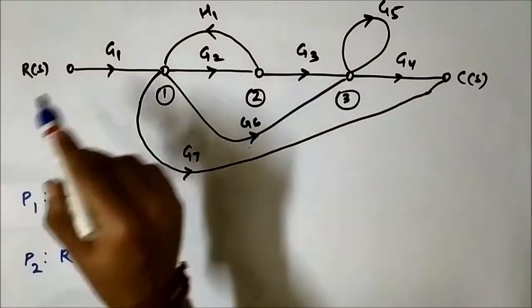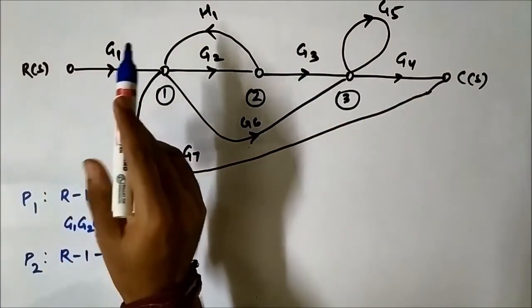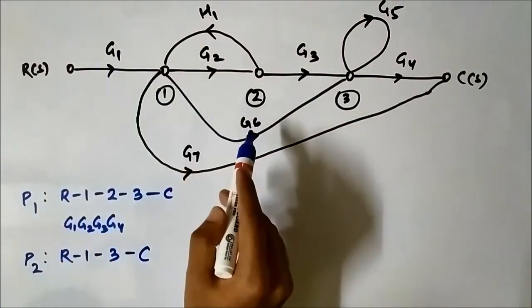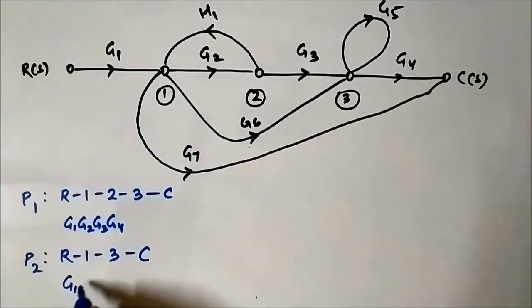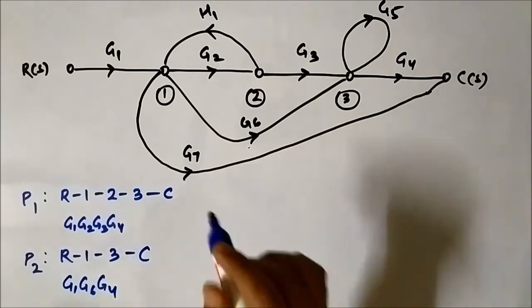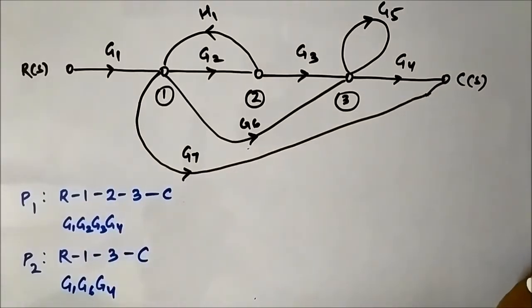The gain is G1 into G6 into G4. Let us see if there is any other forward path.